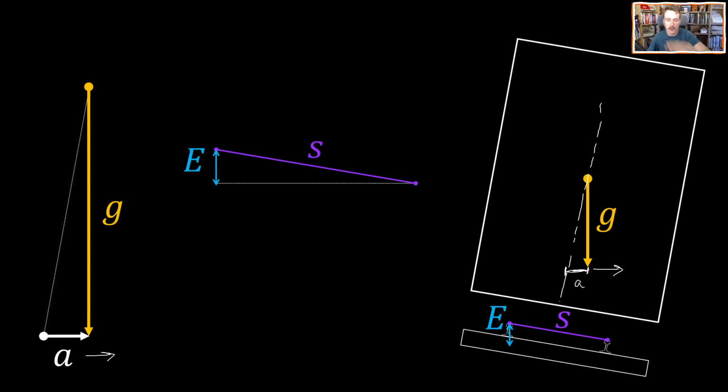Essentially, you've got a component. If you've tipped the train over here, you've got some component of this. It's a bit like the Leaning Tower of Pisa, if you like. You've got some component of acceleration that you've created by tipping the train over.